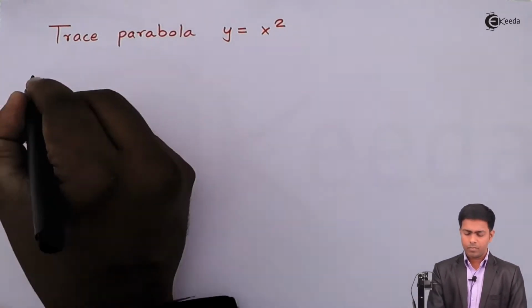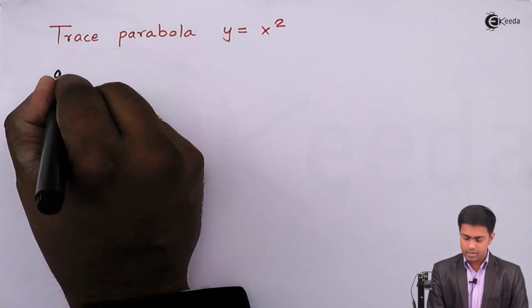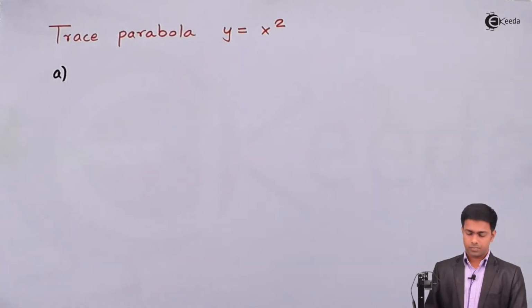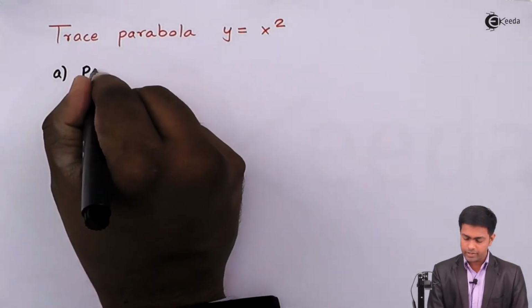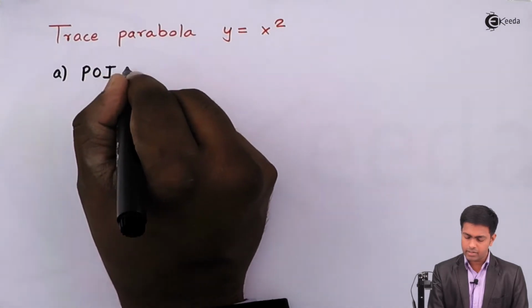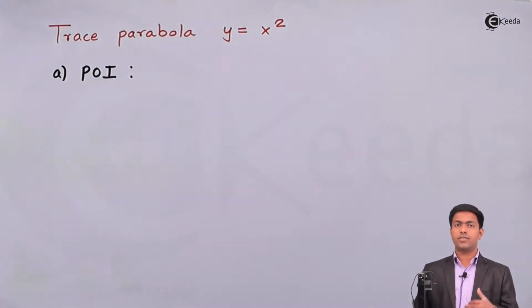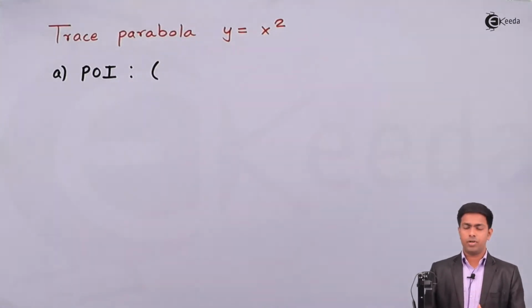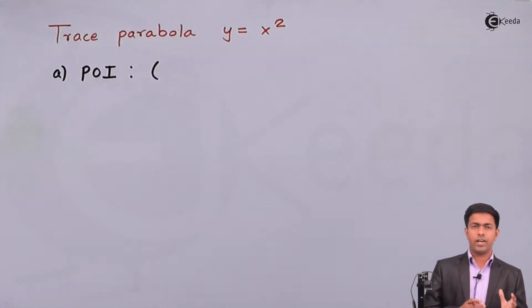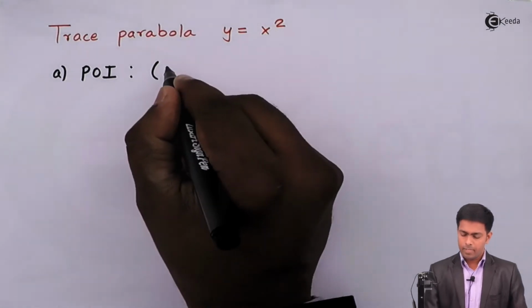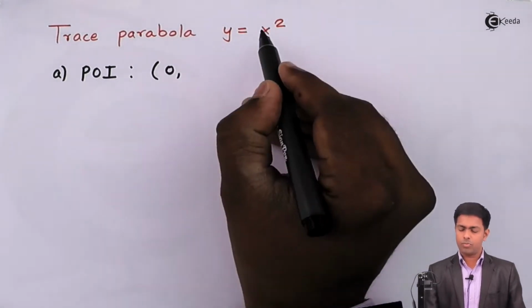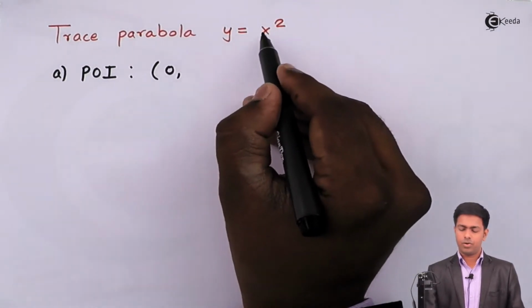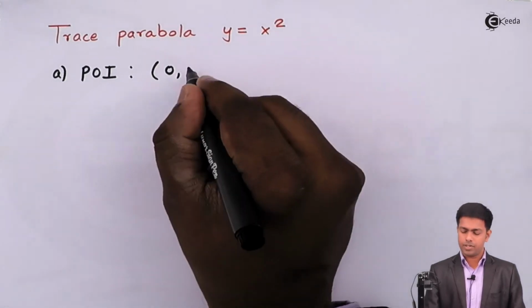So let's start. The first characteristic that we have seen is the point of intersection with the coordinate axis. To find it, we have to put x equal to 0 and find the value of y. So by putting x equal to 0, 0 square will be 0, so y will be 0.